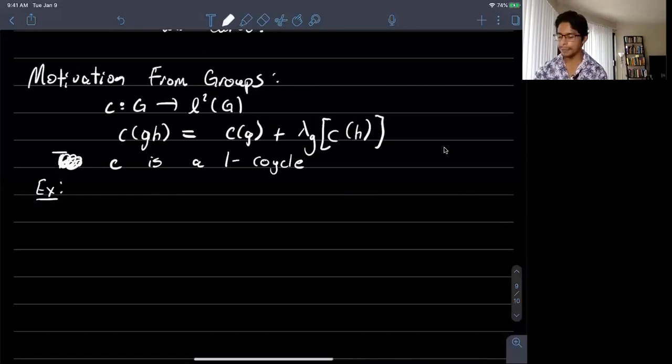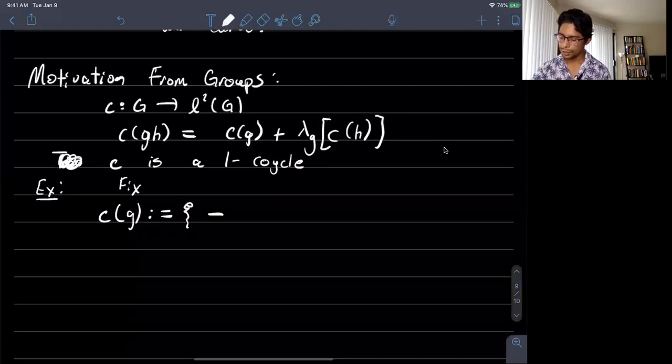And some of the nice examples, these are abundant. These are easy to construct. And in fact, the easiest way to construct them is in the following way. You just define C of G to be, well, you take your favorite vector inside of L2, and just compute this thing.